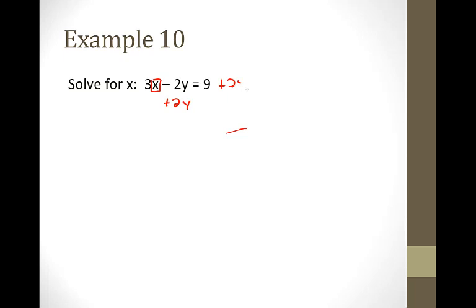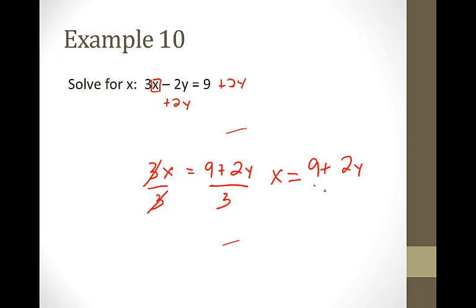So I have 3x equals 9 plus 2y. And one more step, divide through by 3. So x equals 9 plus 2y divided by 3.